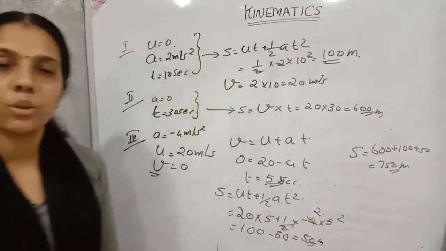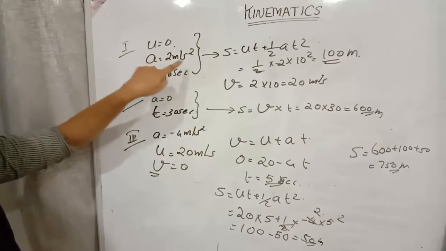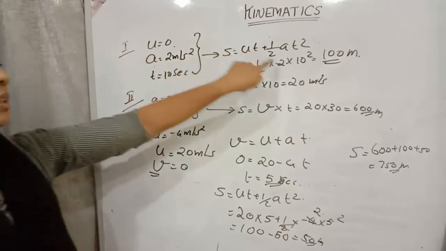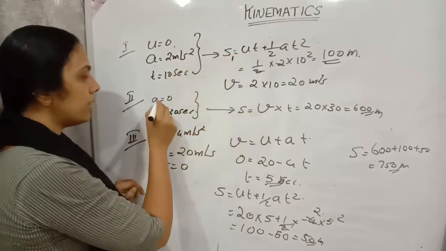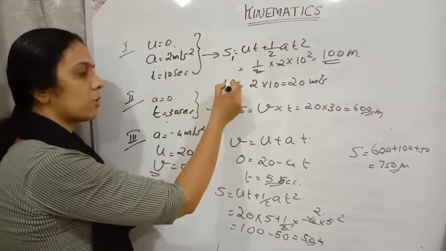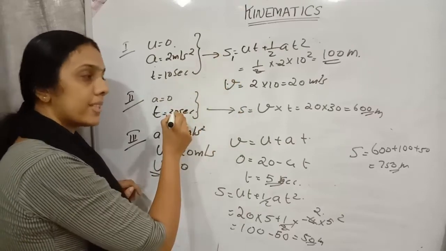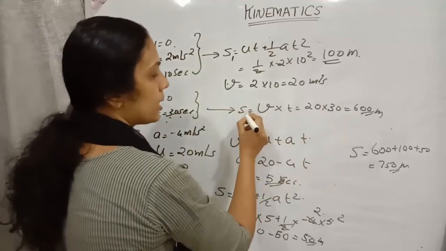Okay, clear? Initially it is at rest, and then the acceleration time is given. You can find the displacement at that position, which I am taking as s1. Then it is moving with constant velocity. What is the final velocity over here? With the same velocity it is moving for 30 seconds, so we can find the displacement s2.